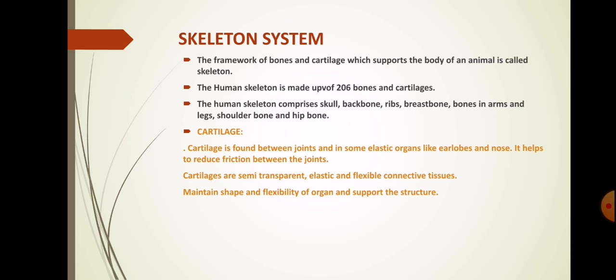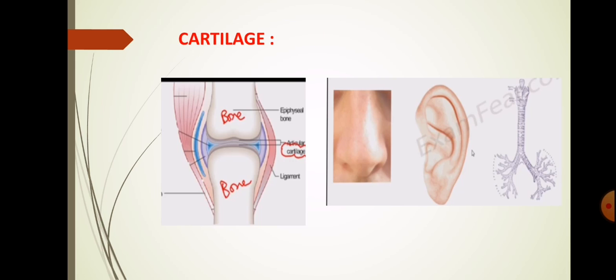In the skeleton system also, our breastbone and ribs are joined with each other by cartilage only. At the joining of the breastbone and the rib, there is cartilage. So in different parts of our body cartilage is present, and it gives shape and flexibility to the organs and also supports them. These are a few examples of where the cartilage is present.